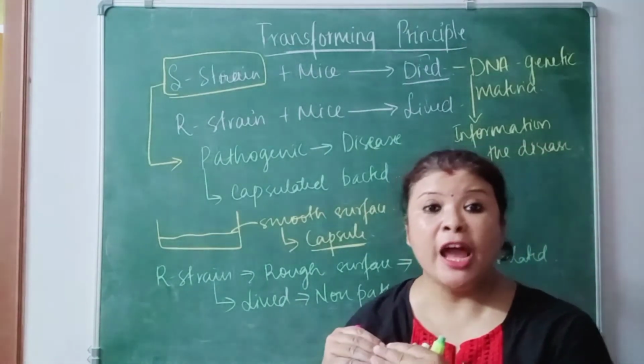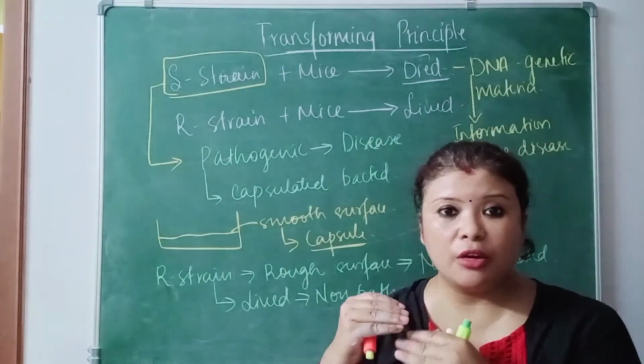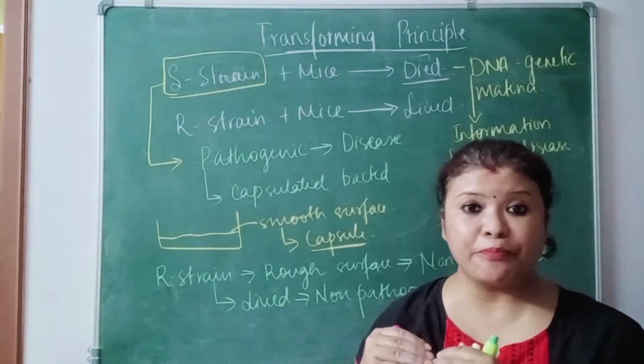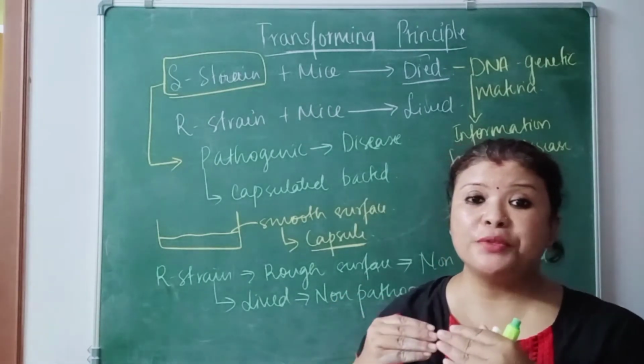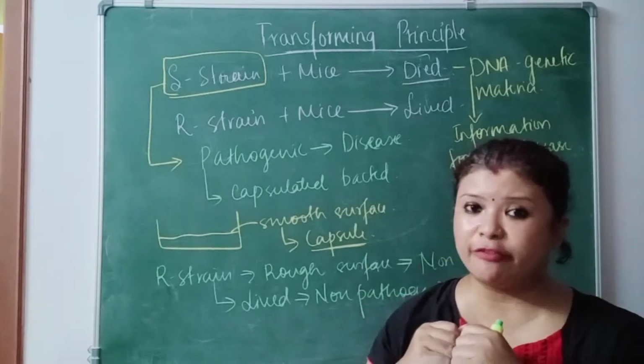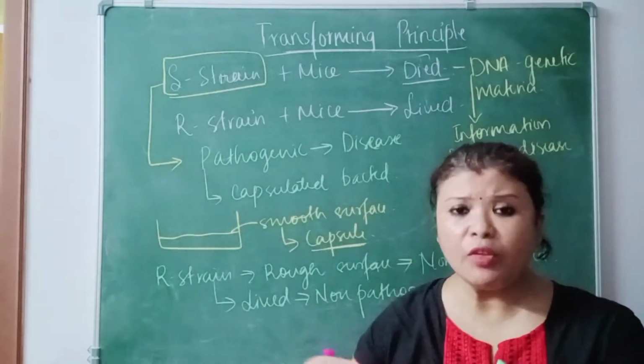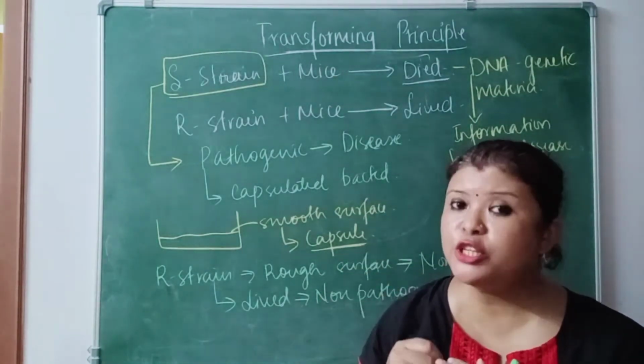However, there was another point: he wanted to say that DNA is the genetic material and DNA itself has all the information. So to carry his experiment further, he did a few more steps.